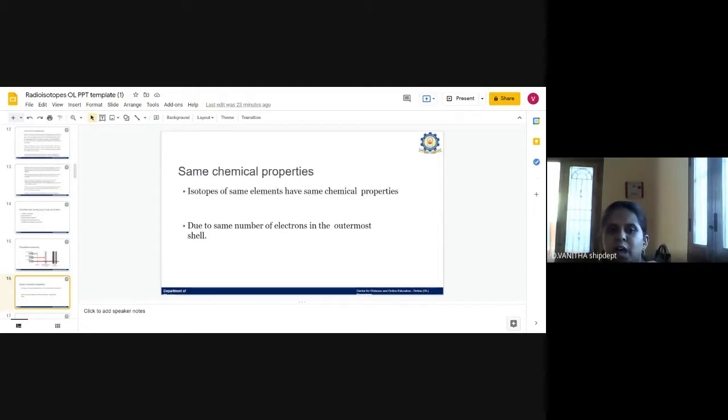Isotopes have the same chemical properties but different physical properties. The same chemical properties are due to the same number of electrons in the outermost shell, so isotopes of the same element have the same chemical properties.